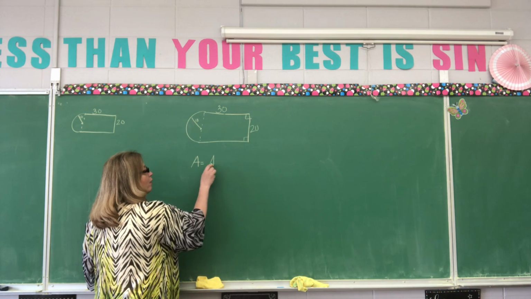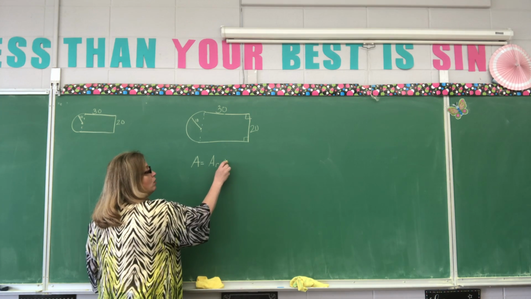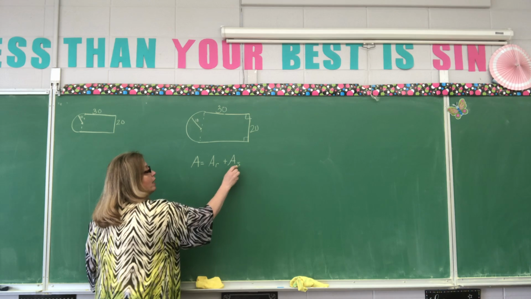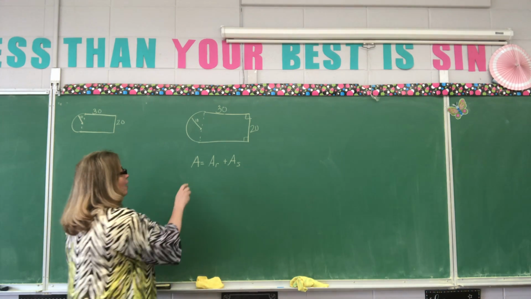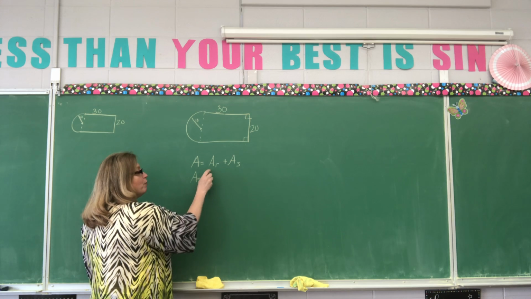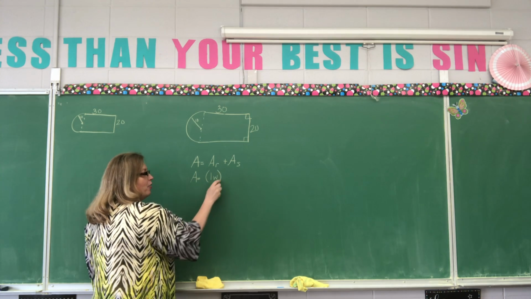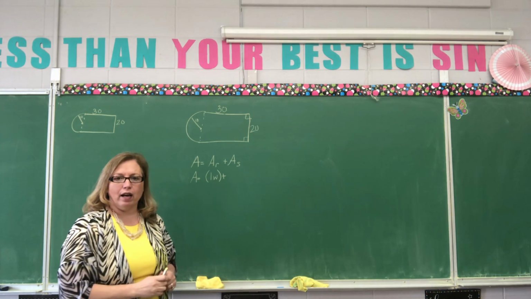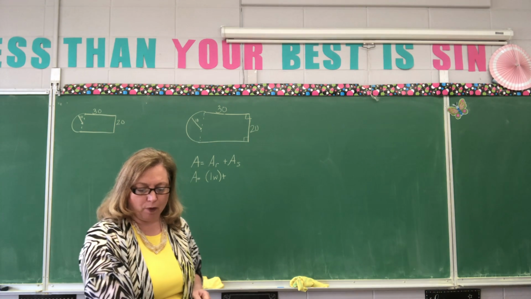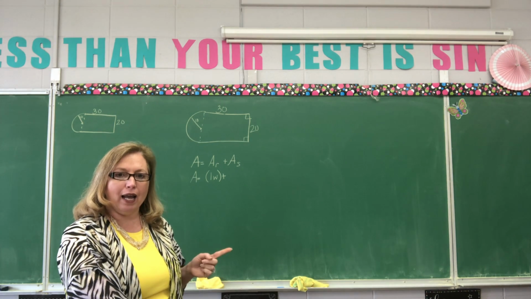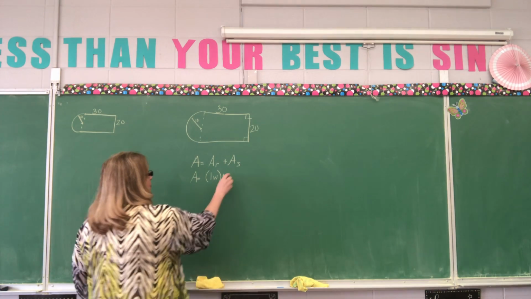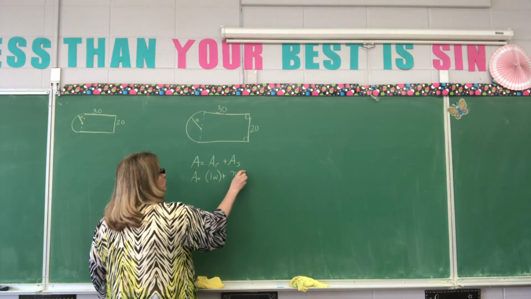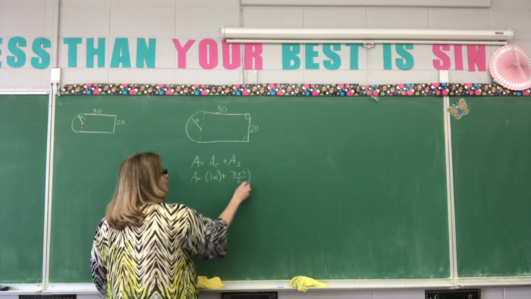So I'm going to say the area of the rectangle plus the area of the semicircle. So the area of the rectangle, what's the formula? Length times width. What is the area of the semicircle? What's the formula? It is pi times radius squared divided by 2. Pi times radius squared divided by 2.